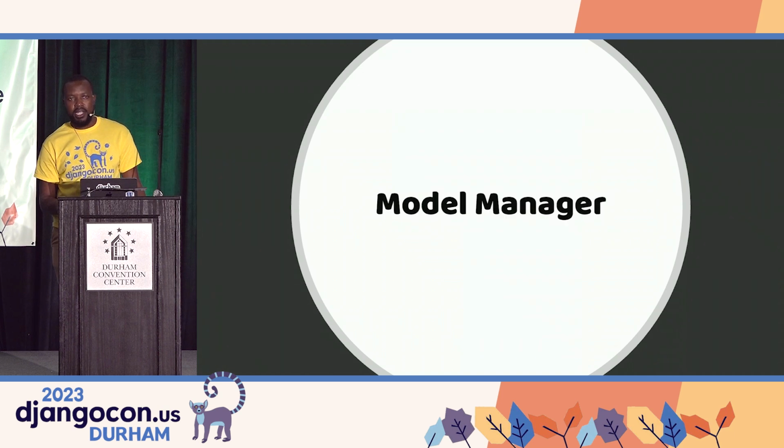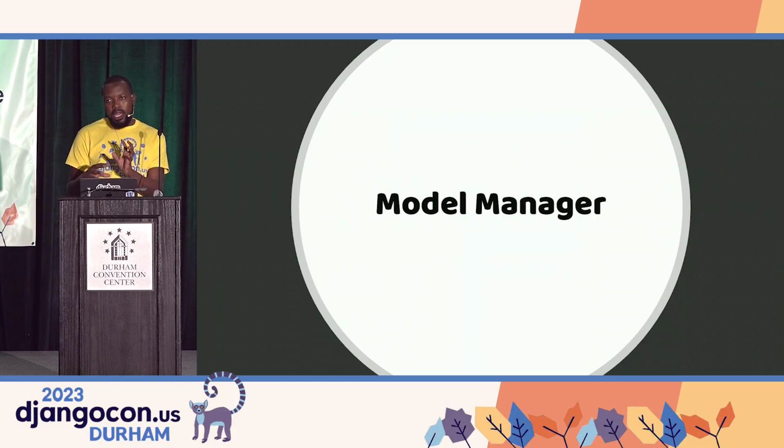What a model manager is, it hacks the default model API, and you are now trying to create your own query that's different from the generic object manager that comes with Django.